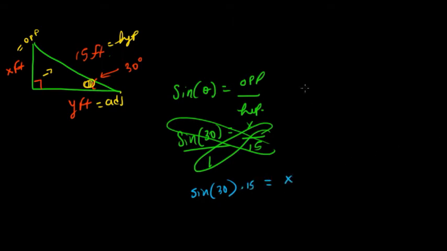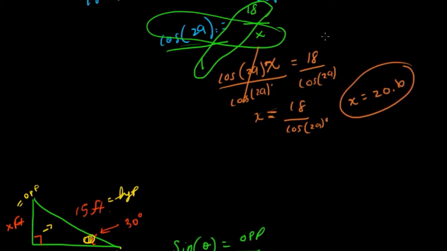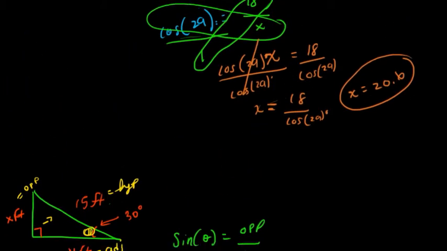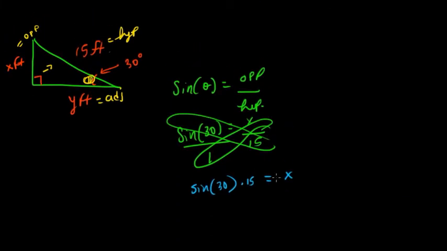Now, in the other cases above, we had to solve for x by dividing both sides by cosine of 29 degrees. But in this case, x is already solved for. So x is equal to sine of 30 degrees times 15. If you plug that into your calculator, 15 should go first. Just remember that 15 should go first.